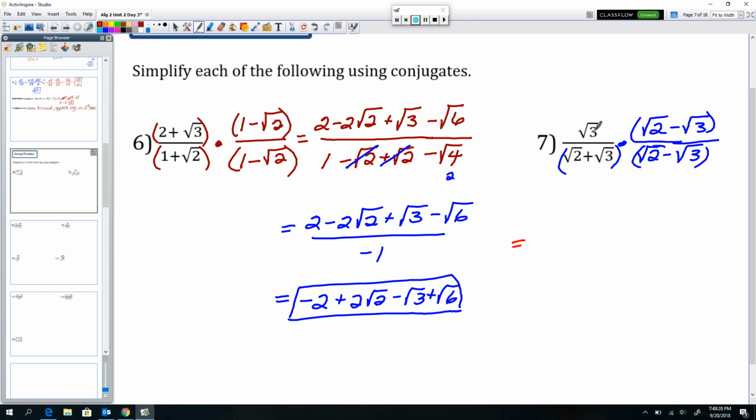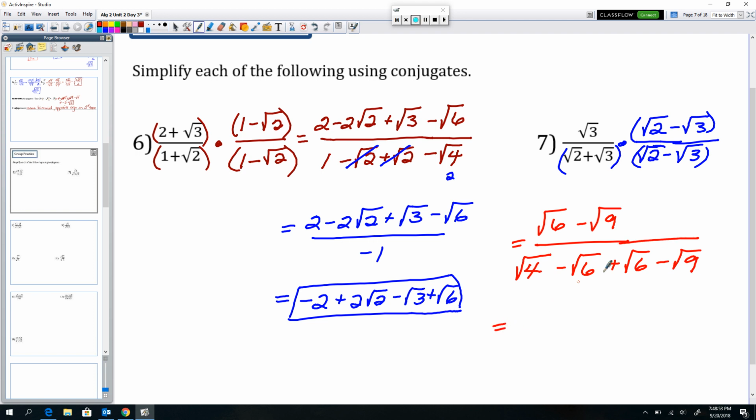So square root of 3 distributed to square root of 2 becomes square root of 6. Square root of 3 to the negative square root of 3 is minus the square root of 9. And then we have our fun activity on the bottom. So we've got first times first, outer times outer, inner times inner, and last times last.